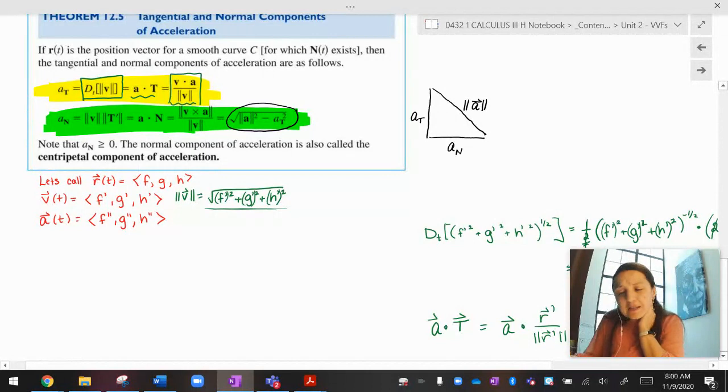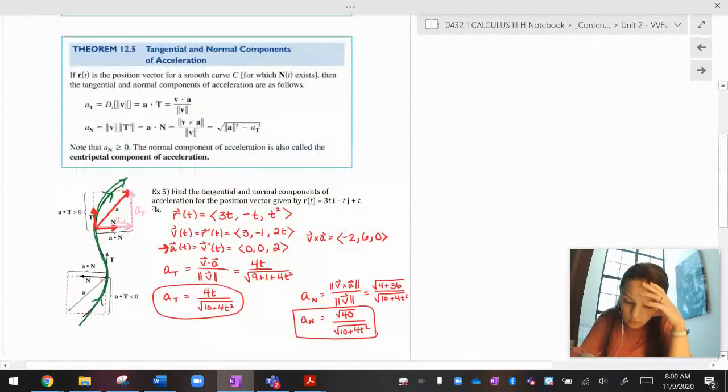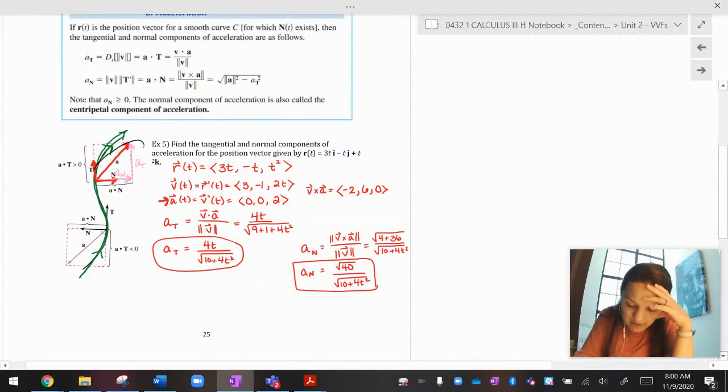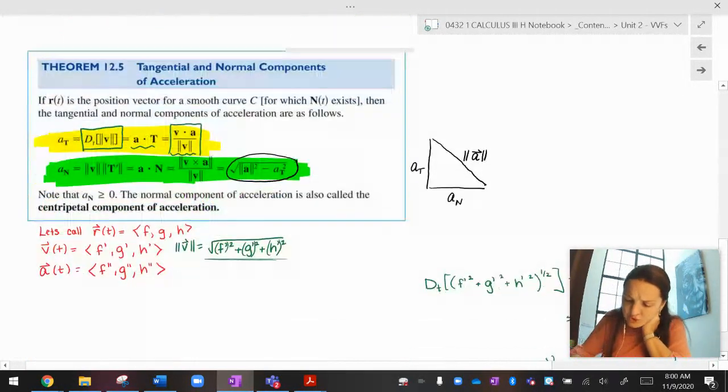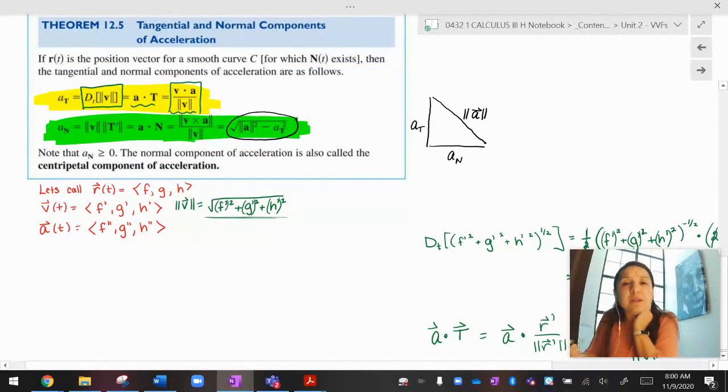Okay, so that's the definition of these two. If you formed a right angle with them, the hypotenuse would be the length of your acceleration vector. And if I scroll back up here, I have that right here. Okay. So this right here is really the definition that's going to set us on the right path.